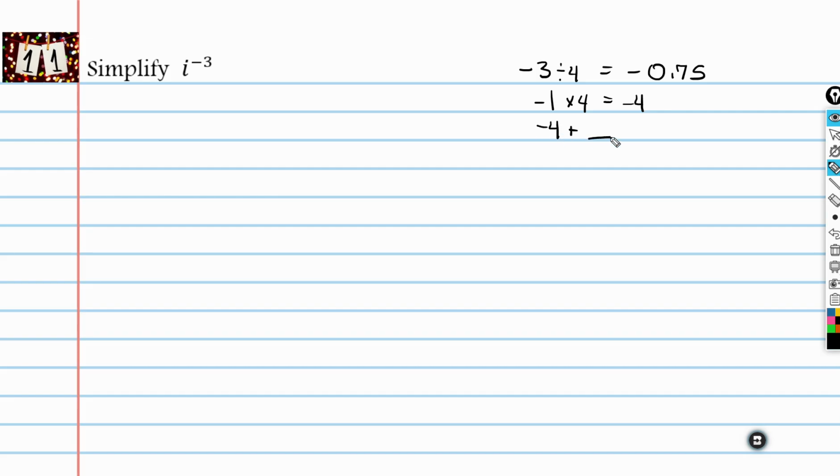Negative 4 plus what is negative 3? And that answer is 1. So we have i to the first power, because remember, this just basically canceled out and was gone. i to the first power is i. So that's your answer.